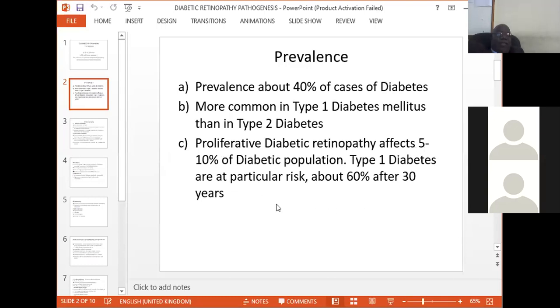Type 1 diabetics are at particular risk, about 60% after 30 years. These figures could be higher where you don't have proper facilities. This book was written in the UK where they have good facilities. If you came to Africa, like in Zambia, we could have more than this percentage. My guess may be wrong.